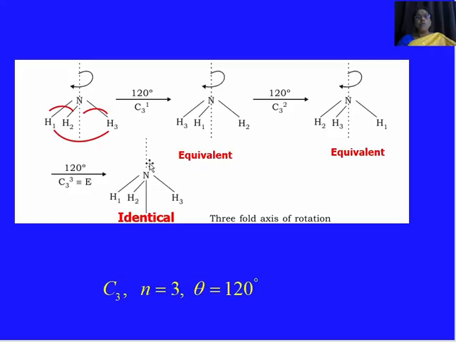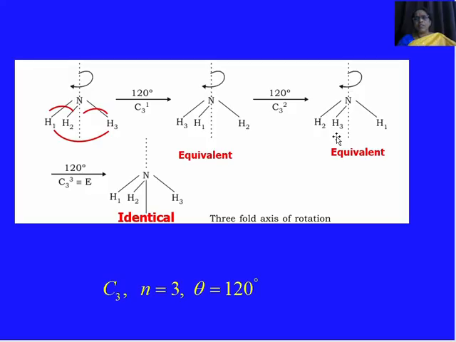Similarly, if we take ammonia as an example, when we rotate through 120 degrees about a line passing through nitrogen, what will happen? H1 comes to this place, H2 goes to this place, and H3 comes to this place. We will get this configuration. This is said to be an equivalent configuration. Again, if we rotate through 120 degrees about the axis passing through nitrogen, 3 will come here, 1 will go there, and 2 will come here.